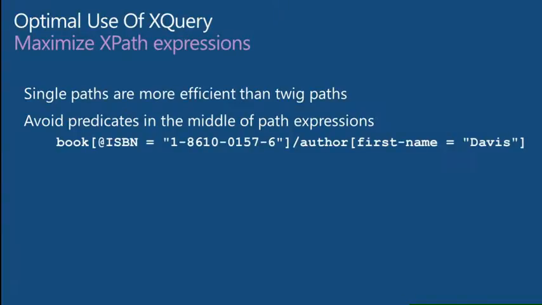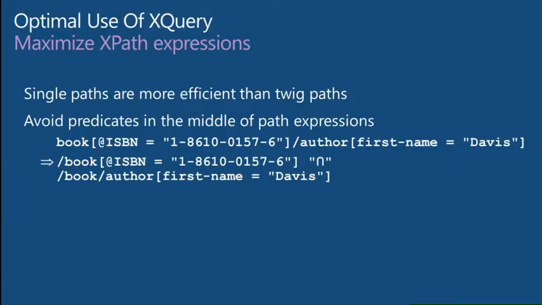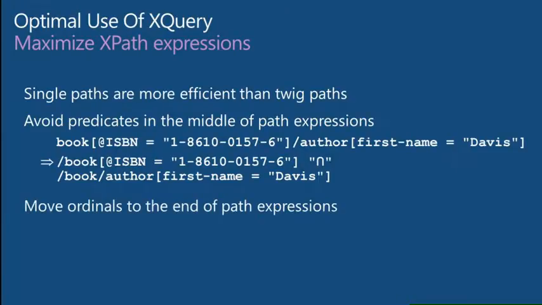So in this case, for example, I say book ISBN equals author first name Davis. In that case, it might be better if I break that off into two queries and then basically combine them in the relational context. Another thing is moving ordinals to the end of path expressions, that will avoid twigging.